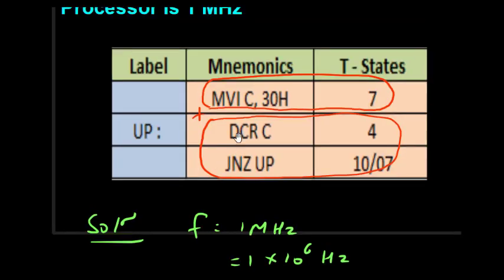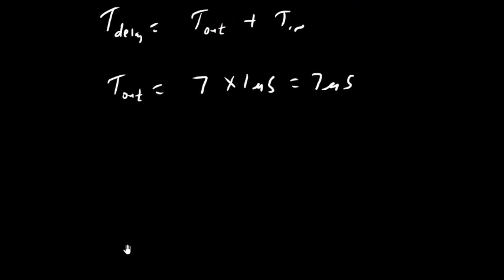Next is the delay inside the loop. Now inside the loop we have two instructions, DCR C and JNZ, and this loop will run until this 30 becomes 0. Now this 30 is a hexadecimal number. So the very first thing is we need to convert this number 30H into decimal.